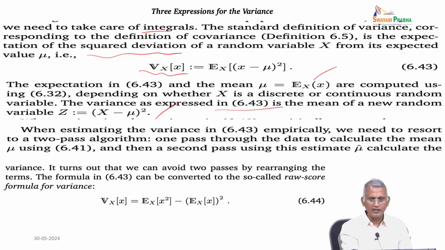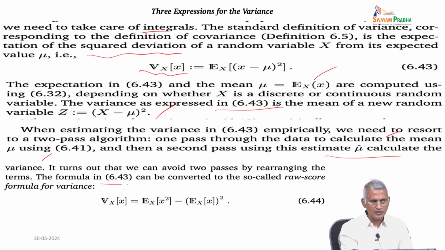If you are estimating the variance in equation 43 empirically, we need to resort to a two-pass algorithm: one pass through the data to calculate the mean mu, and a second pass to calculate the variance using the estimated mu bar. It turns out that we can avoid two passes by rearranging the terms.